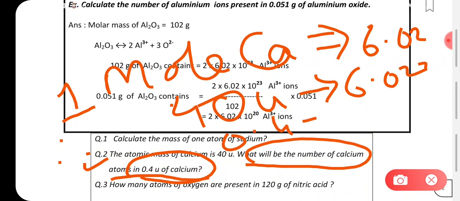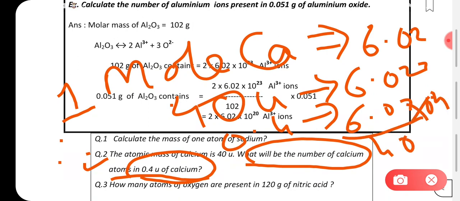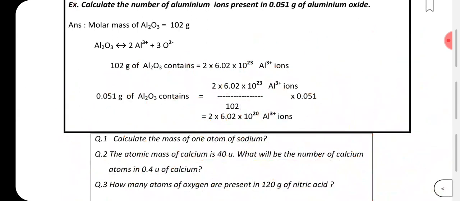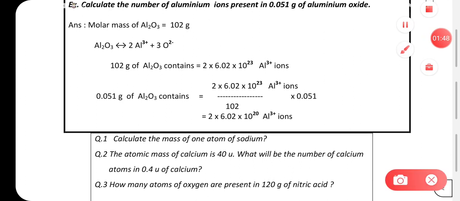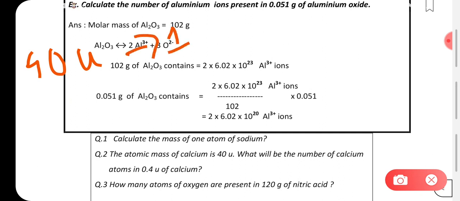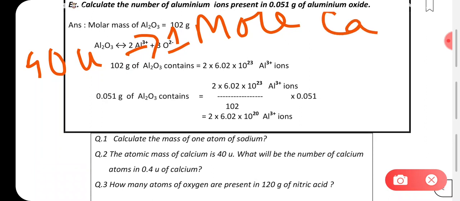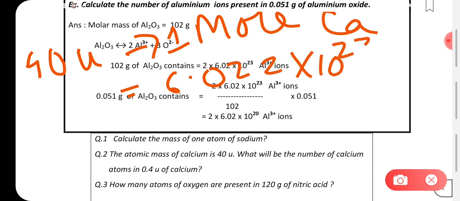Therefore, 0.4 is going to contain how many? It will be 6.022 into 10 power 23 divided by 40 multiplied by 0.4. This is how you have to do the calculation and you will get the answer. Once again, let me write it in full so that you understand. 40 U is equal to 1 mole of calcium, which will contain 6.022 into 10 power 23 atoms.